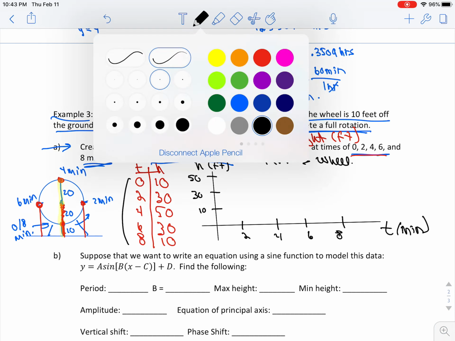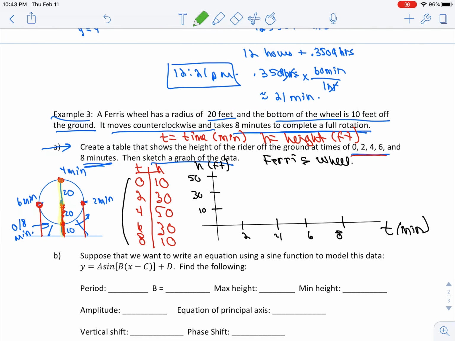All right, so now we're going to graph these points. So we have (0, 10), (2, 30), (4, 50), (6, 30), and (8, 10). When you look at those, you may say, I don't know exactly what the shape is going to be, if it's going to be curved or if it's going to be straight line segments.